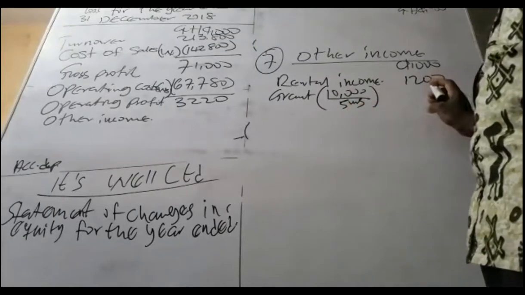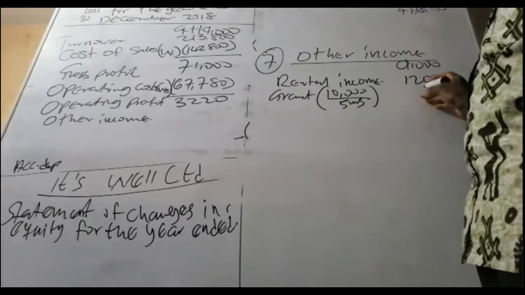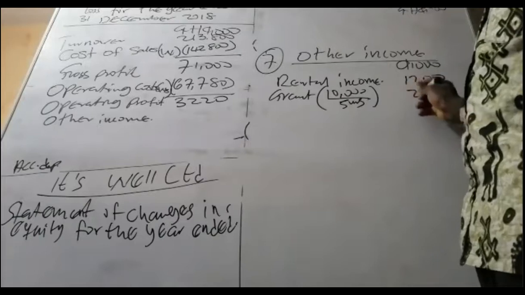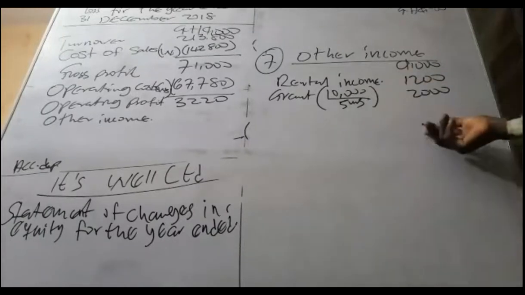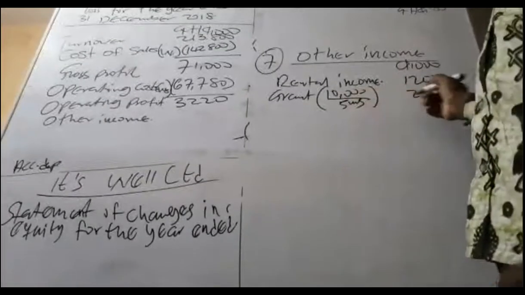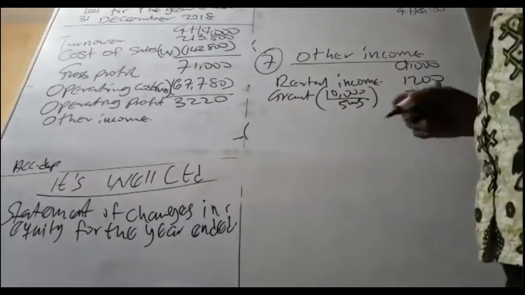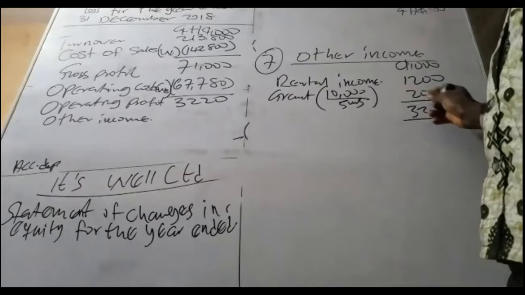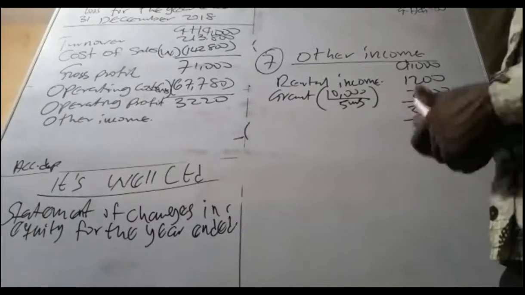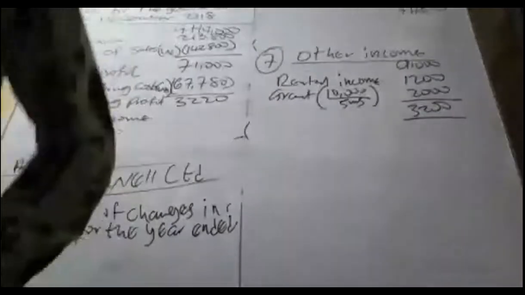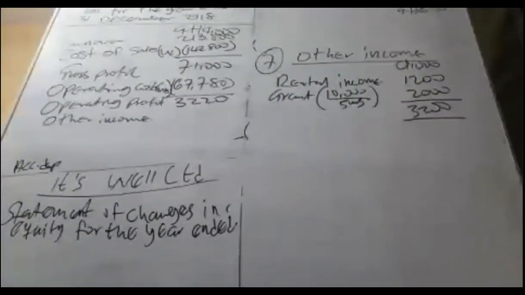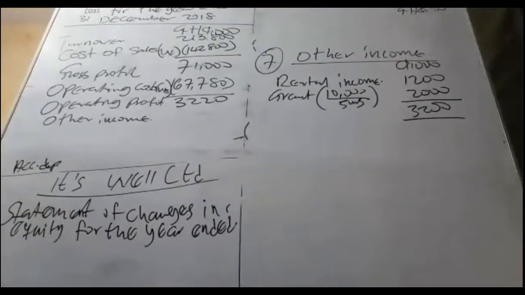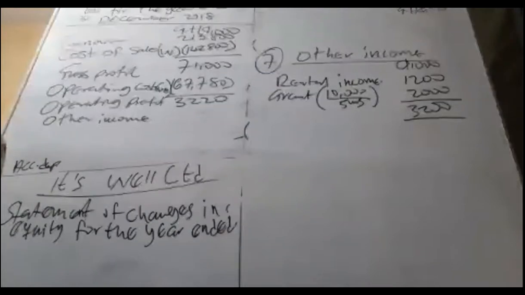So we get 2,000, right? There's no profit on disposal, right? We had a loss, so we accounted for it. So therefore, the other income will be 3,200. Is there any other item that we have to include? Great.